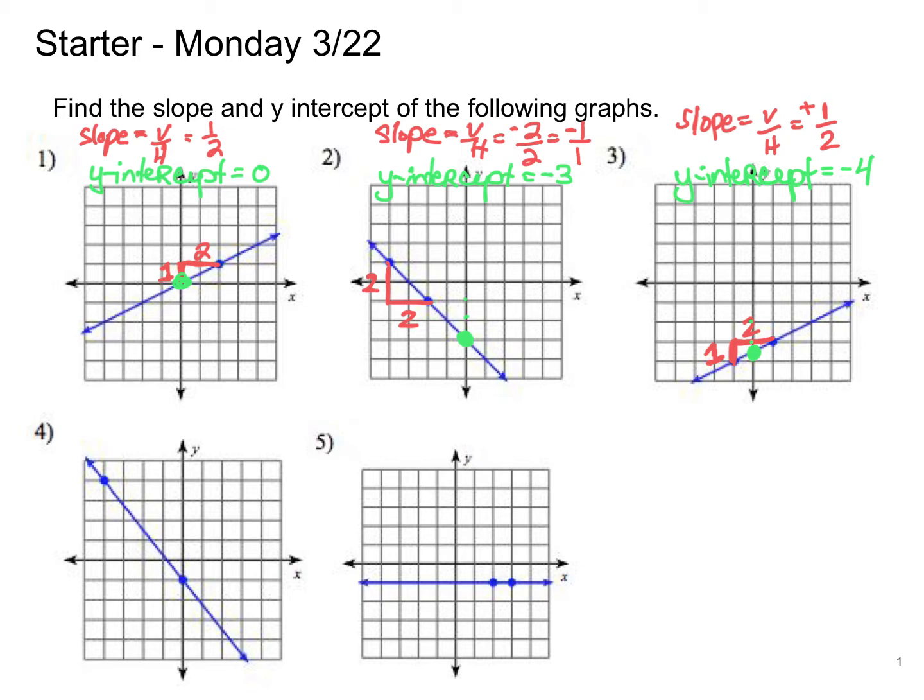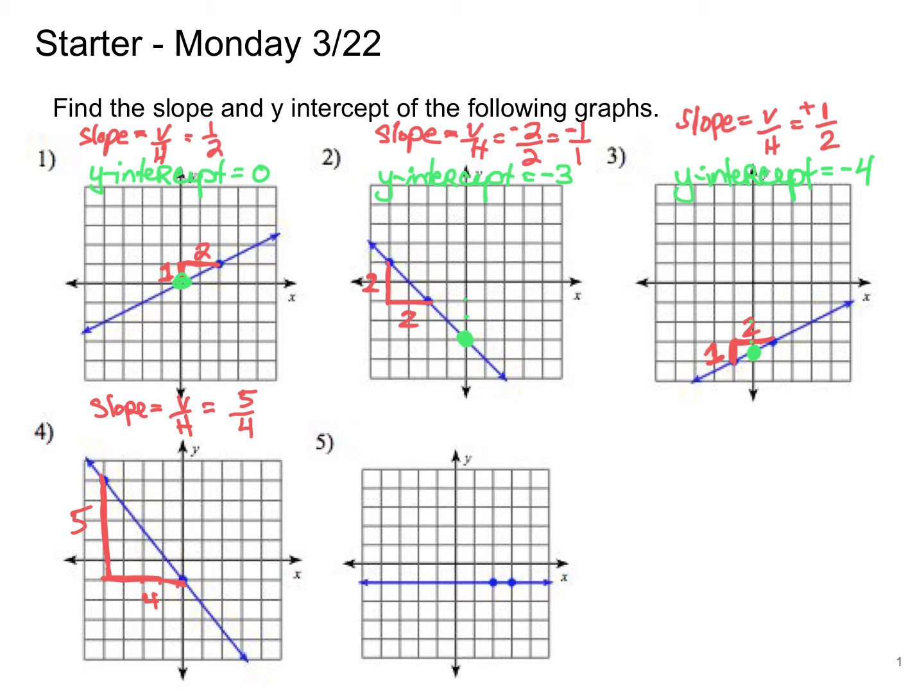Number 4, again, we're going to find our slope, which is vertical over horizontal. Vertical is 1, 2, 3, 4, 5. Horizontal is 1, 2, 3, 4. So our slope triangle is 5 over 4.